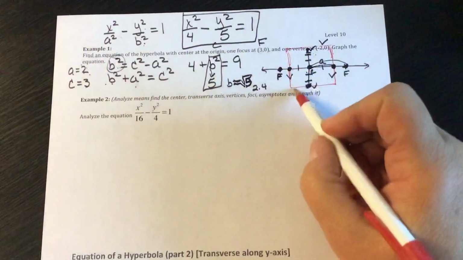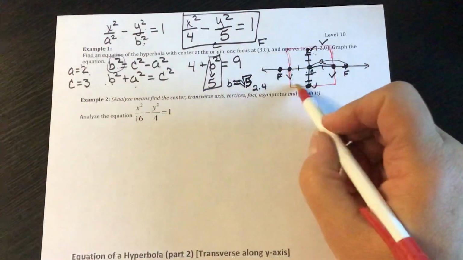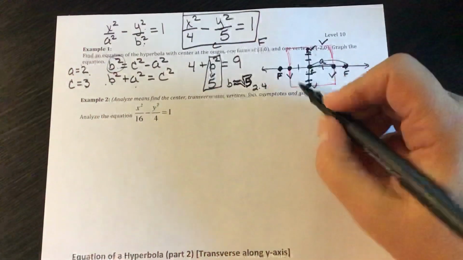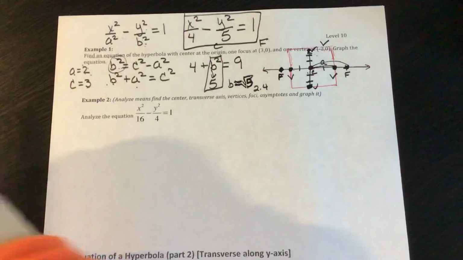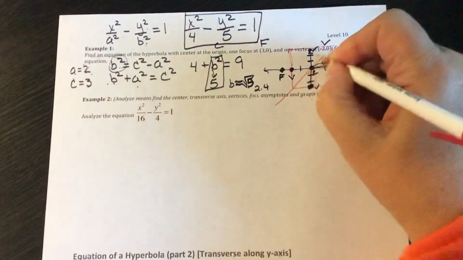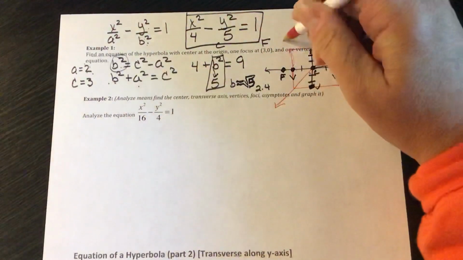So if I were to draw in a box around all of the vertices, the diagonals are going to be my slant asymptotes.